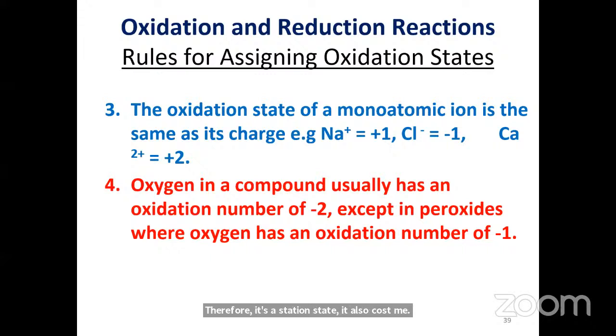The next rule is that oxygen in a compound usually has an oxidation number of -2. That is, anytime oxygen combines with another element, its oxidation number is usually -2, except in peroxides, where it has an oxidation number of -1.